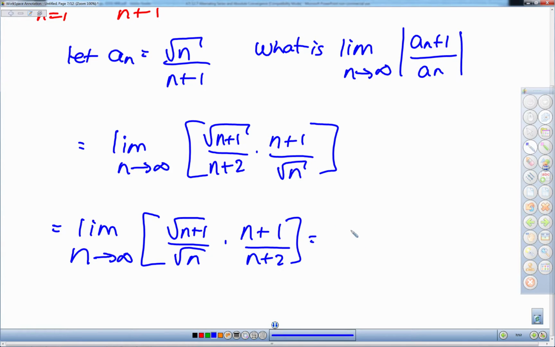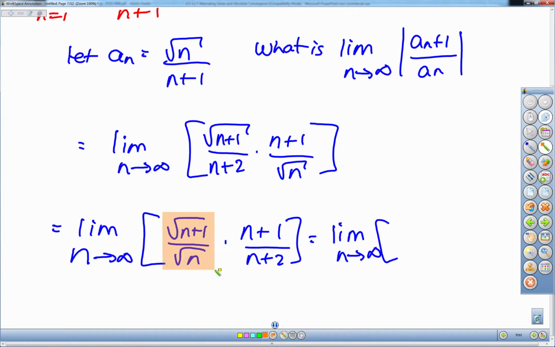Okay, then from here, I'm going to do one last little step. I'm going to look right here, and I'm going to make that just one gigantic square root problem.